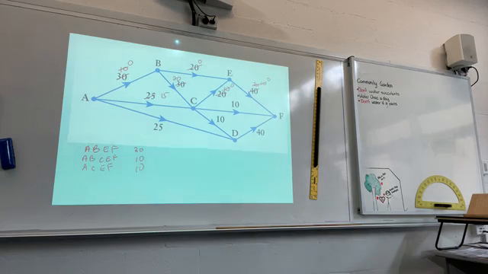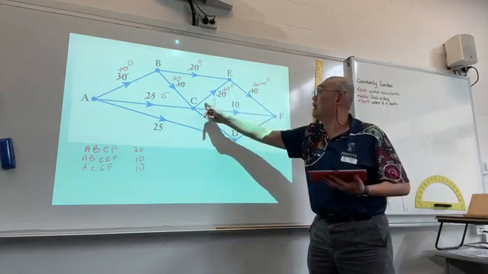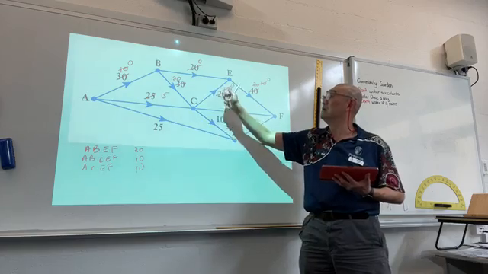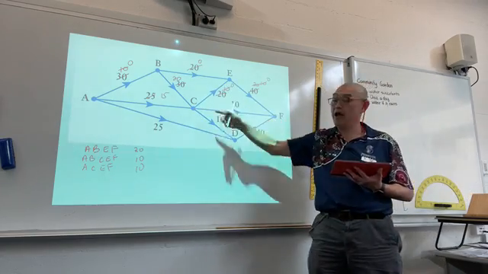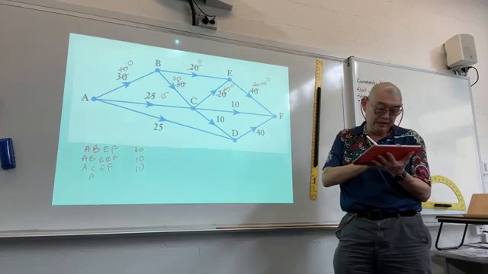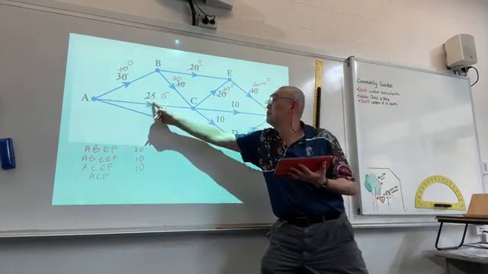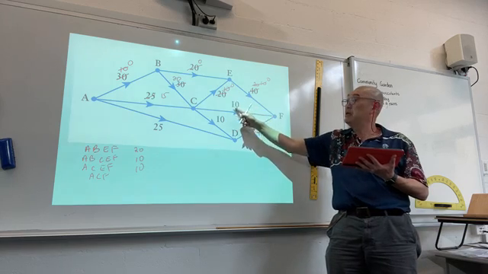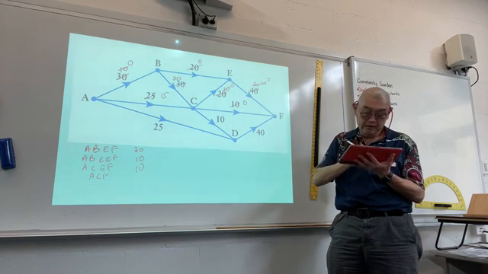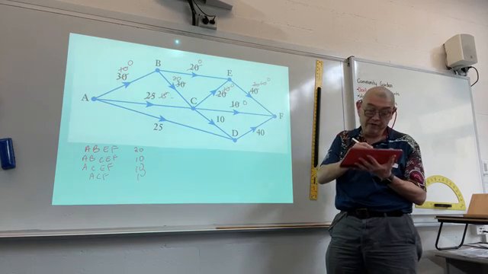When I go to C, I can't go up there anymore, I'm stuck. That's 0. So I've got to go through A, C, and F. 15 and 10. What is the maximum flow? That's 10. And that will be 5.